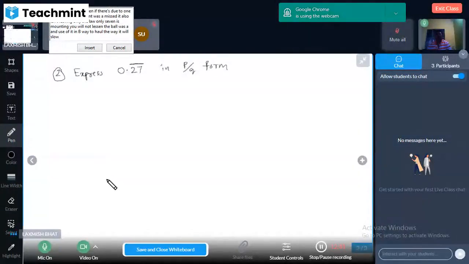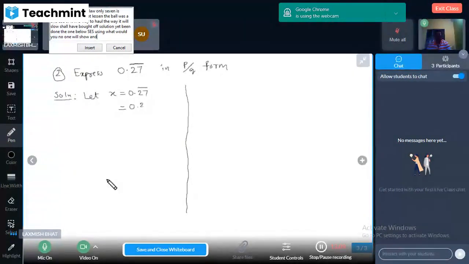So start. Solution. Let us take the given number as x is equal to 0.27. That means 27 is repeating here.